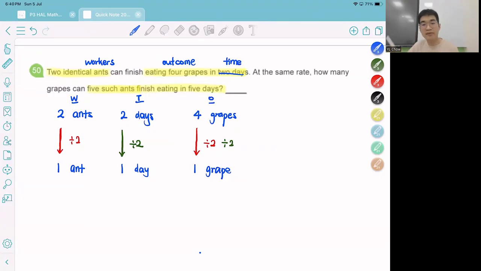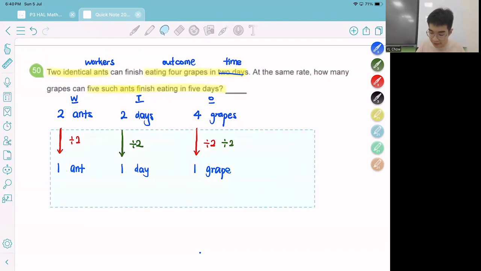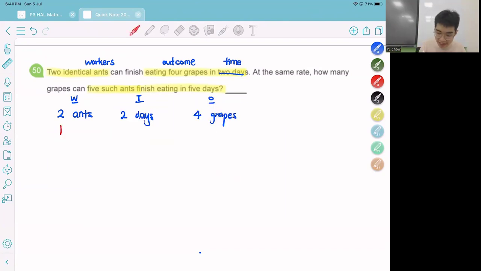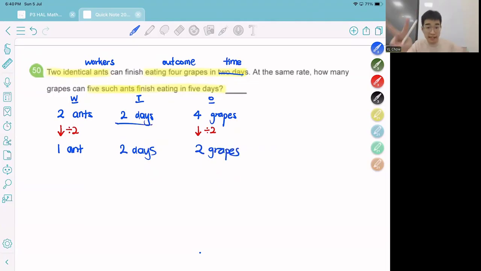So you can try to understand it this way, or if you think this is a bit too tough, it's okay. We can do it separately. If I cut the worker into half without changing the time, then my outcome will also be cut into half. So then it will become 1 ant, 2 days, 2 grapes. In 2 days, 2 ants can eat 4 grapes.